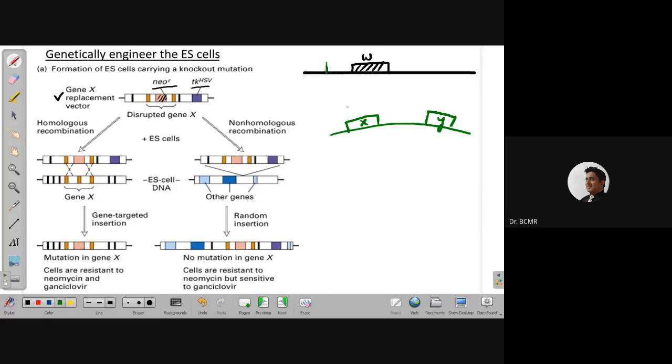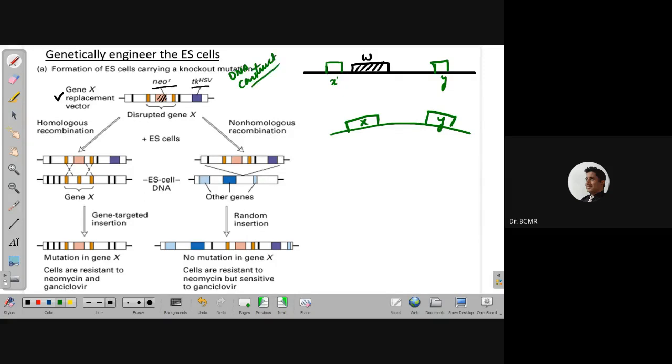If I want to target it, as I was explaining in the beginning of the class, we should have some homologous regions to that of X and to that of Y. So I have to introduce these X and Y regions in there. And please remember, this first one is the DNA construct.